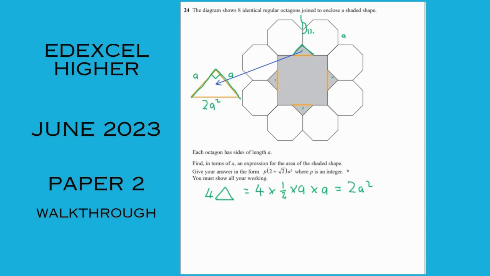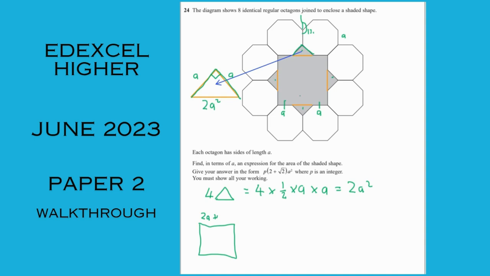Now we need to work on the area of the square. Obviously, we need to know how big the square is. So that distance there is A. That distance is also A. So part of the size of the square is 2A.